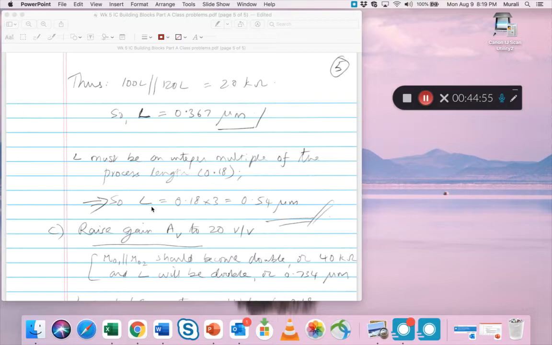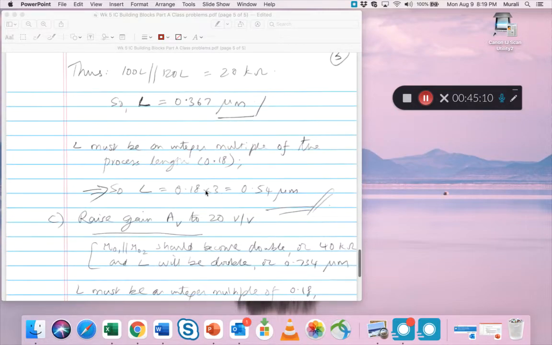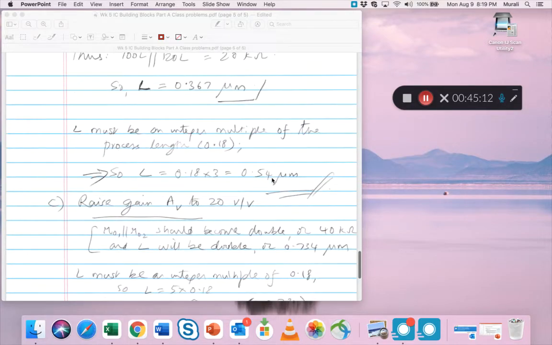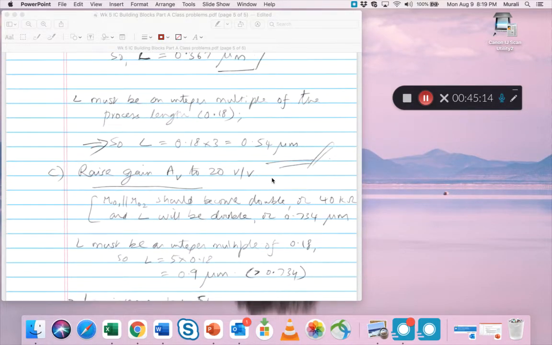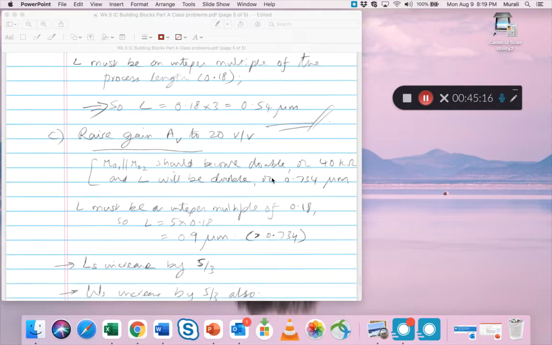So we have to pick an L of 0.54, 3 times this. If you pick 2 times, then it becomes 0.36, but that is less than what we need. So we are forced to go to 3 times, so we get 0.54. So that is the length we are going to use in this design.